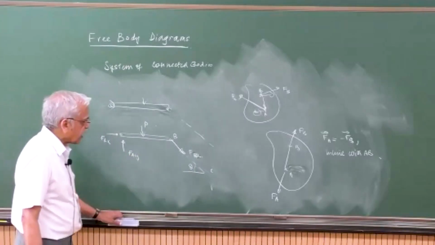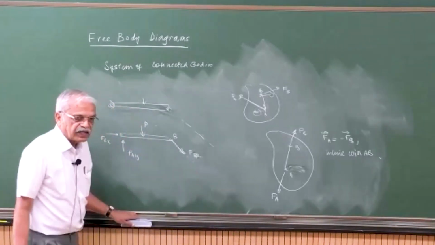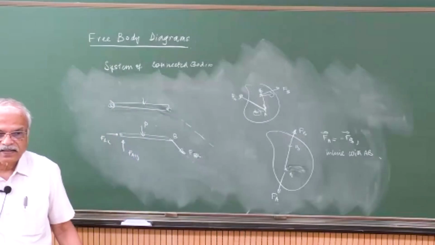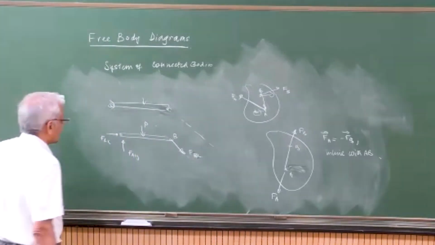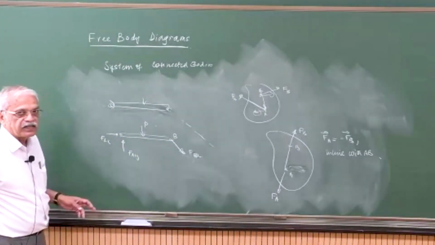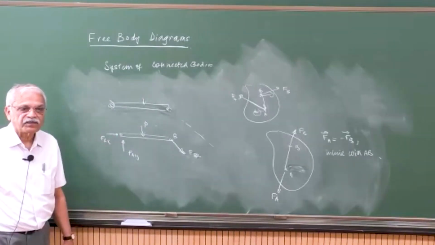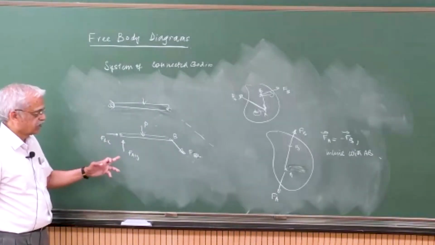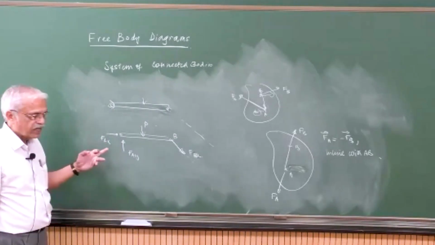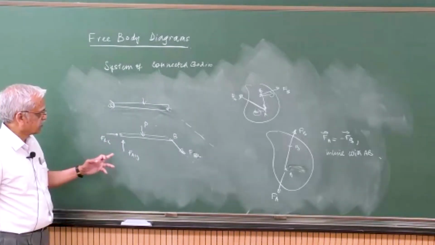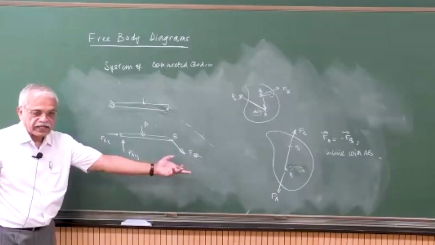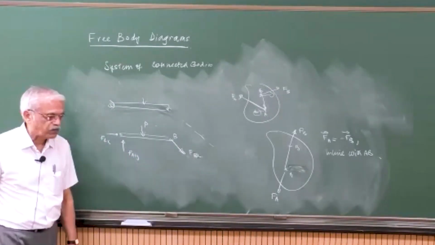So if you have this, can you solve this one? Will there be enough equations for the number of unknowns? How many unknowns are here? 3 unknowns only: FAX, FAY, and FBC. FBC, I know the direction, so it's only the magnitude that's unknown here.